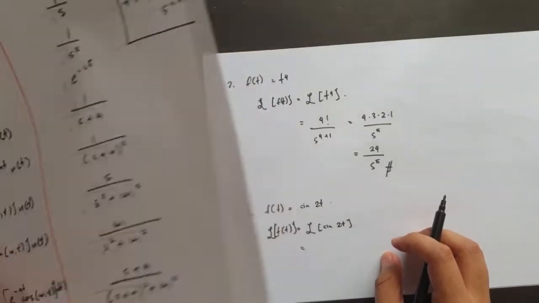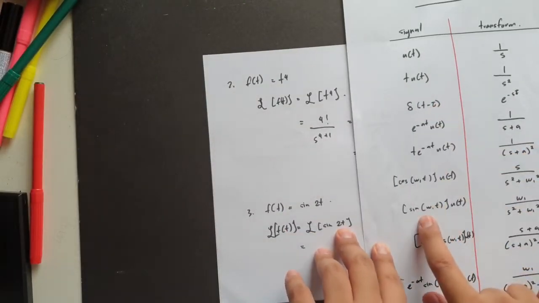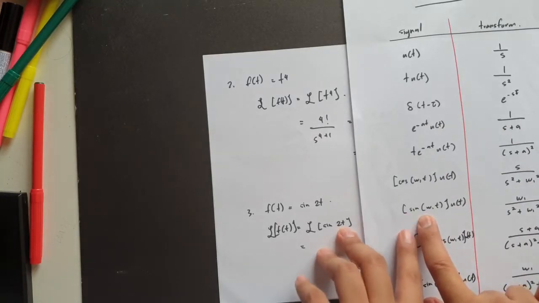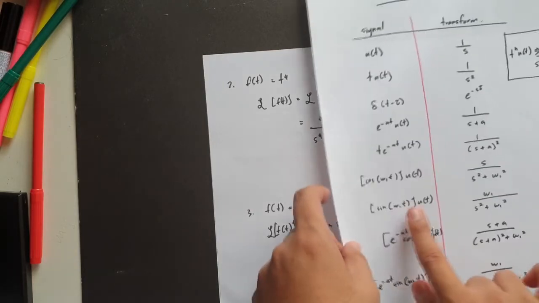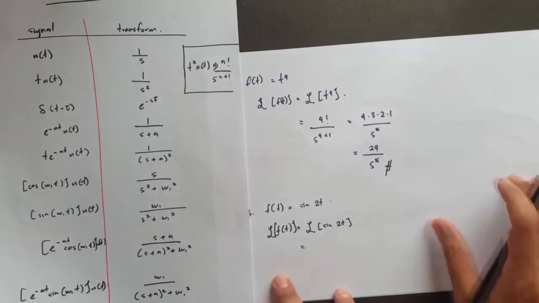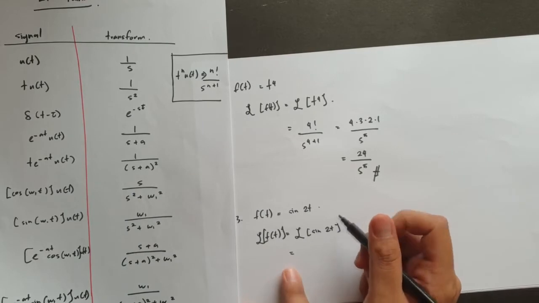Back to this table, you can find the sine here: sin ωt u(t).